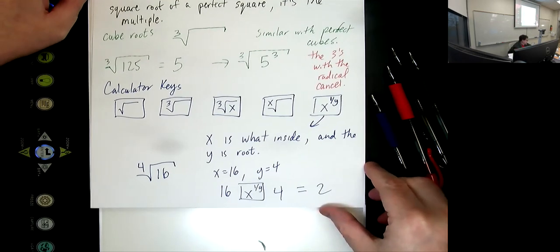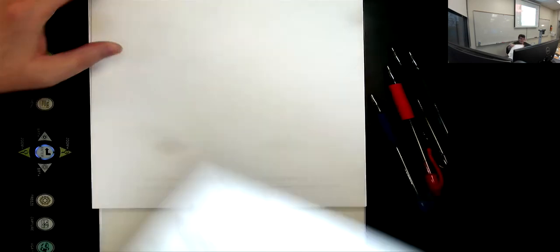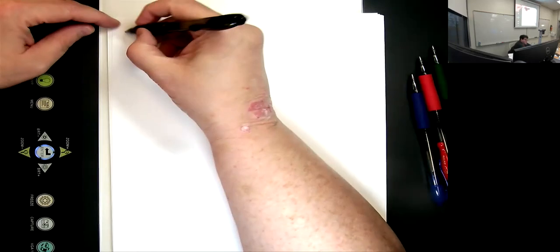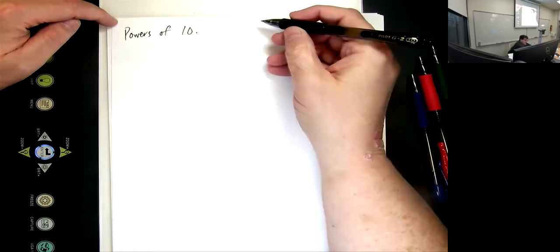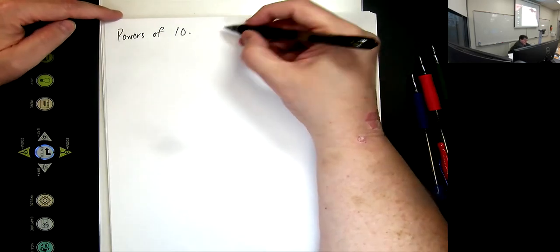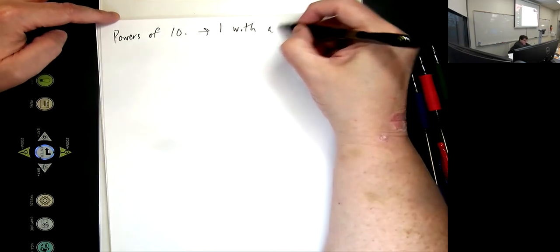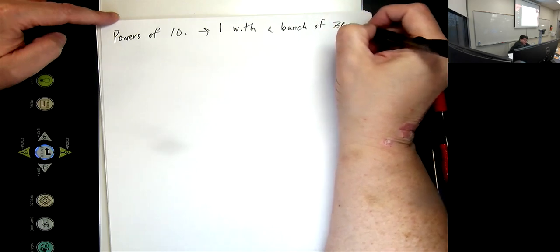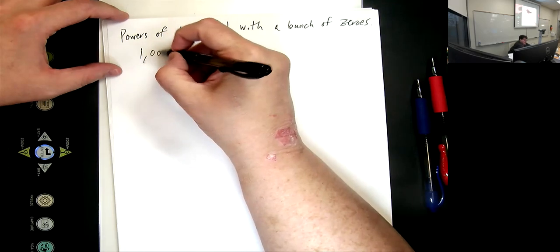Power of 10. When we say a number is a power of 10, it's got 1 with a bunch of zeros. So let's just throw some zeros in.